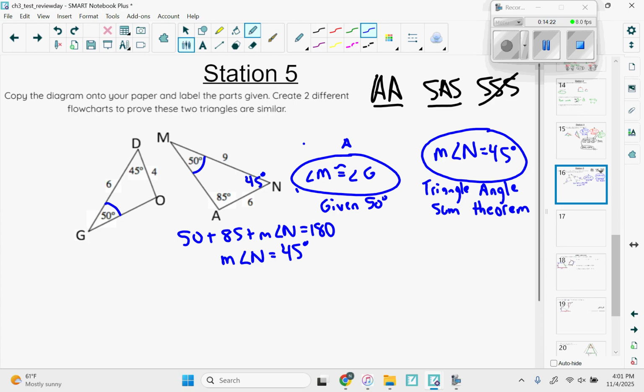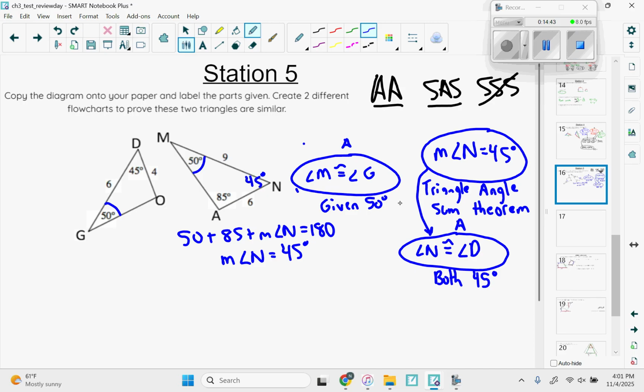I did that first, and then I can say angle N is congruent to angle D because they are both 45 degrees. So that's my second angle bubble.